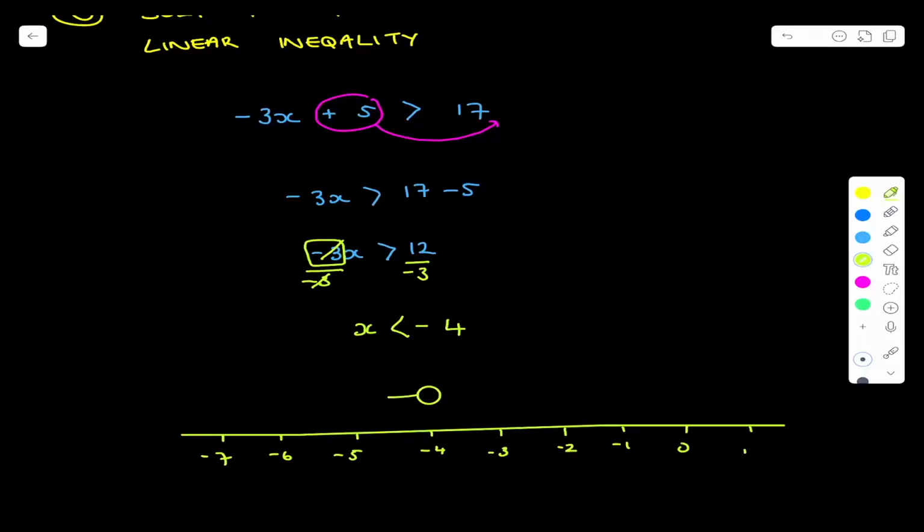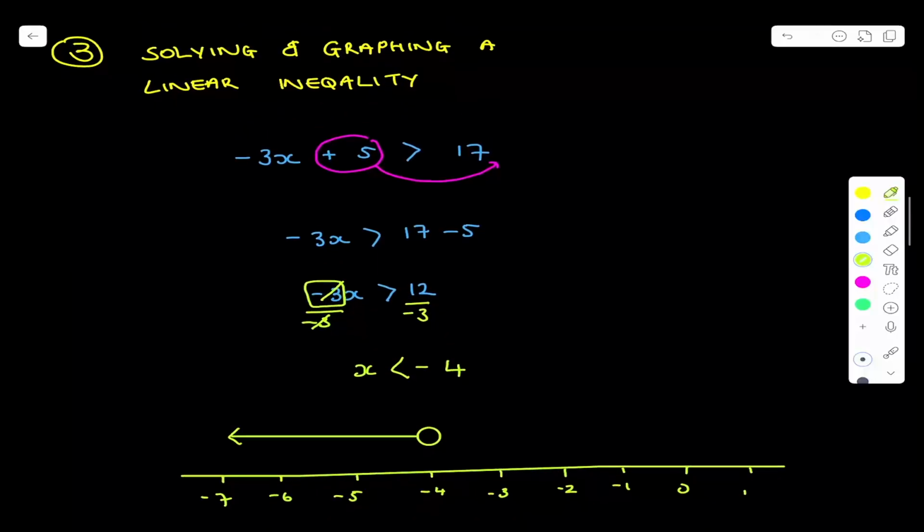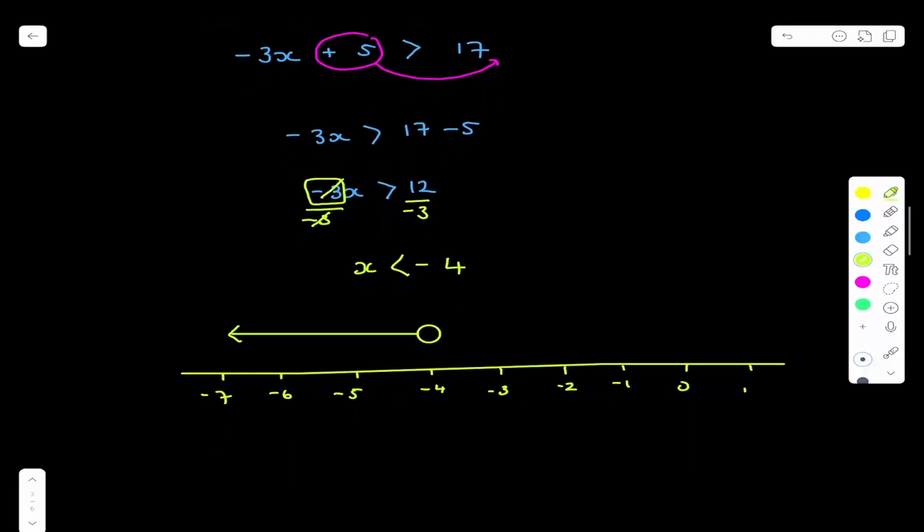And x is less than -4, so it will go towards the left. So we draw an arrow going to the left, saying that it is less than -4.